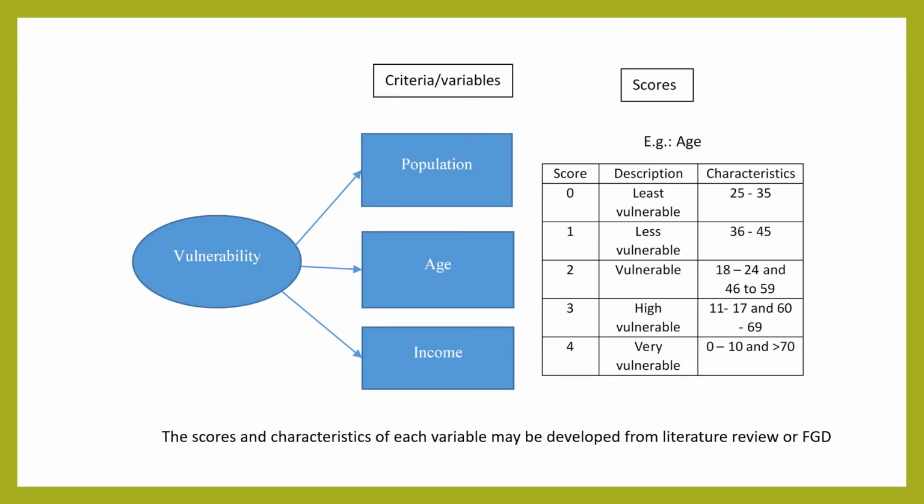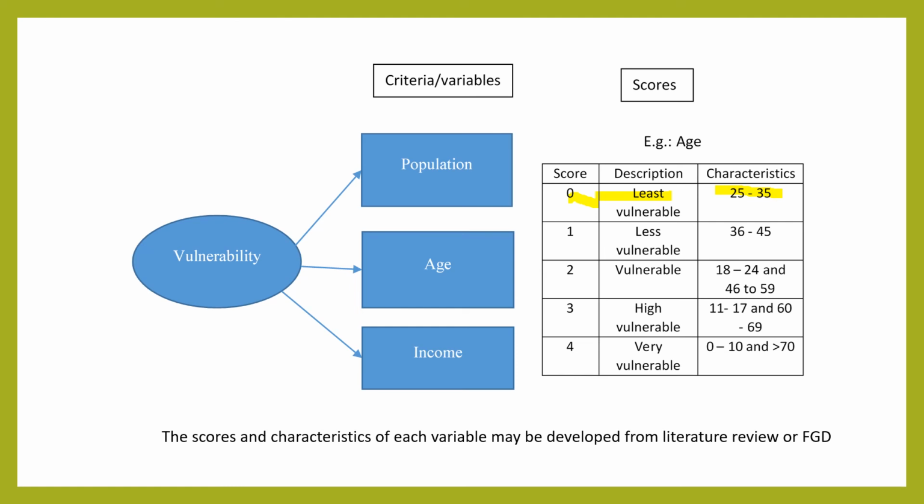And then what you can do is make a score. For example, for the variable using age data, you can make a score 0 to 4. If it's least vulnerable, like for example the age between 25 and 35 is very least vulnerable, so the score is 0 or 1.